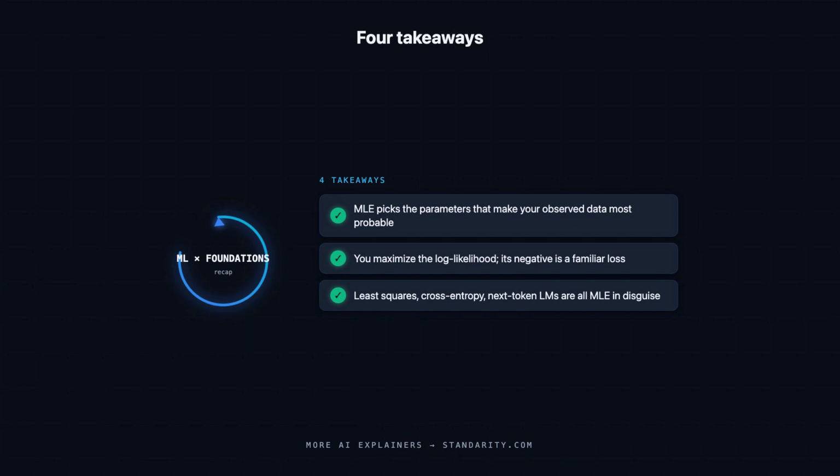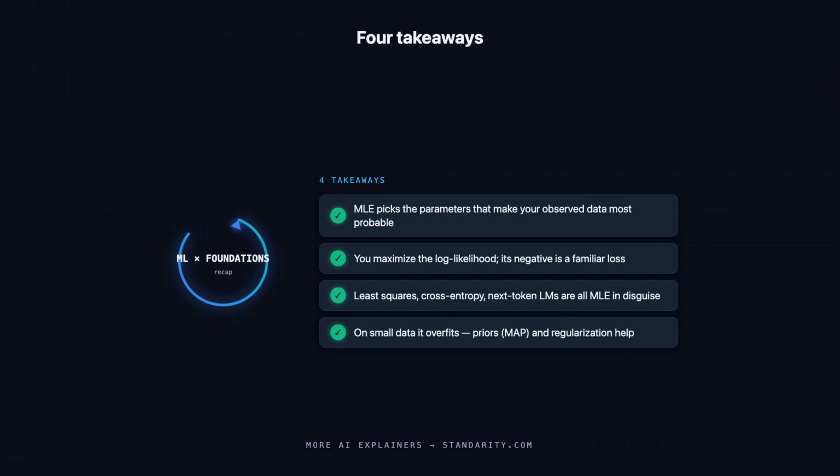Many objectives you already use are maximum likelihood in disguise, from least squares under Gaussian noise, to cross-entropy for classification, to next token language modeling, which is why the principle unifies so much of what we do. On small data, it can overfit, so priors and regularization step in through the maximum a posteriori view, or MAP.